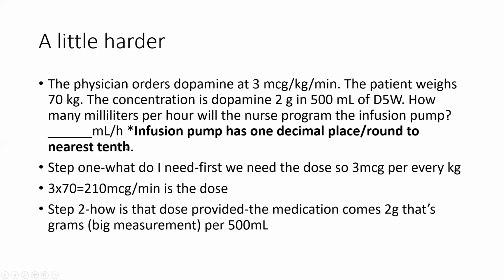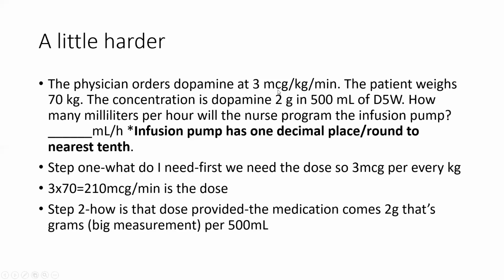Our ending number needs to be milliliters per hour. And this little asterisk here tells us the infusion pump only has 1 decimal place to round, so you need to round it to the nearest tenth. Okay, so we know we need to end up with milliliters per hour at the end. We need to look at some of our distracting features in here.